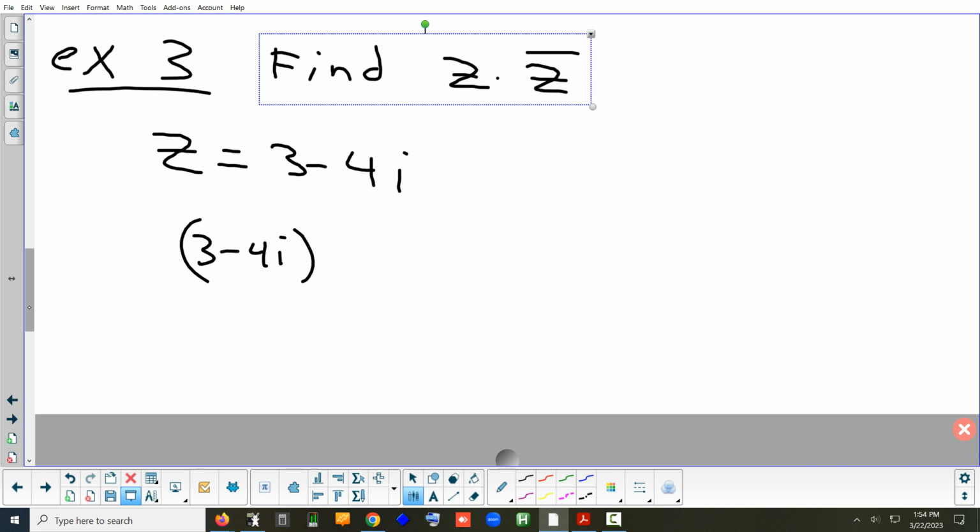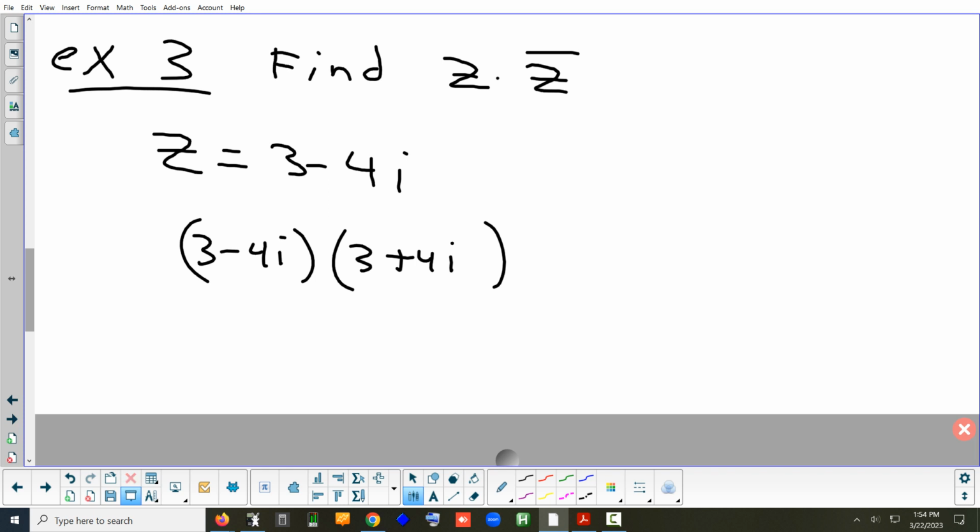Multiply by the conjugate. So what am I going to put next to it? 3 plus 4i. I can already tell you, when we multiply all that out, we're going to get 25. It's not because I just memorized the answer. It's because there's a trick to doing a problem like this very quickly, because these are conjugates, and only because they're conjugates.